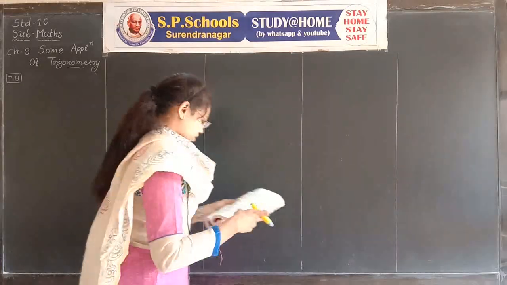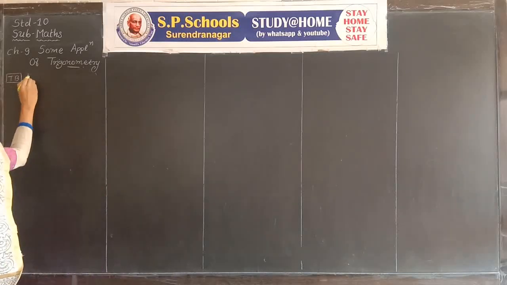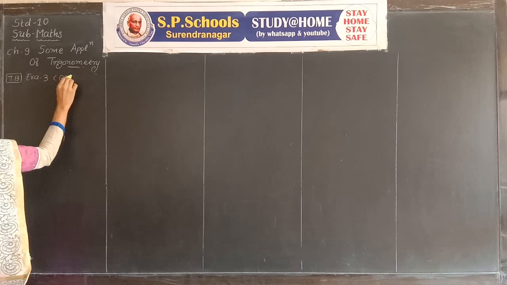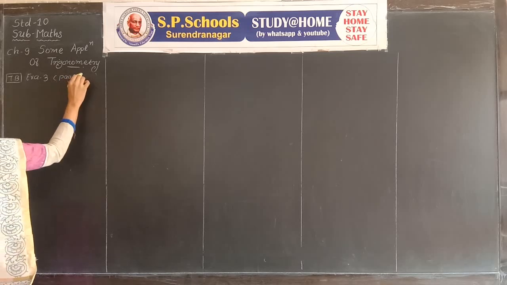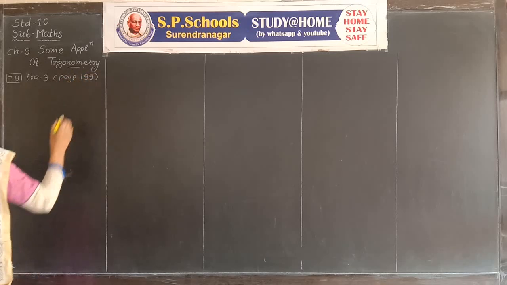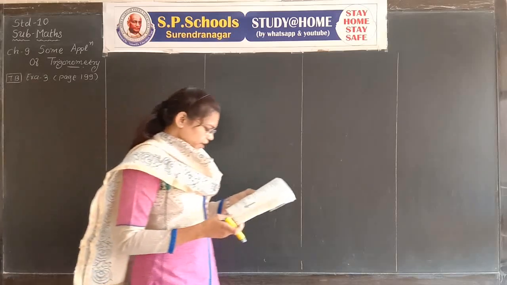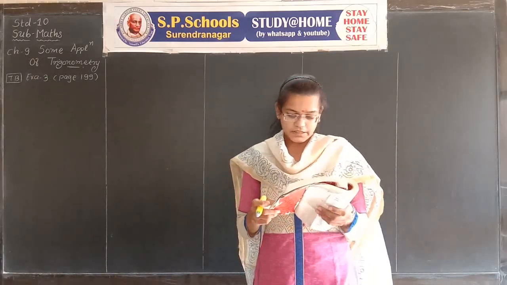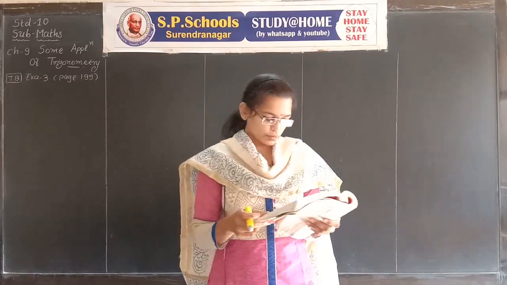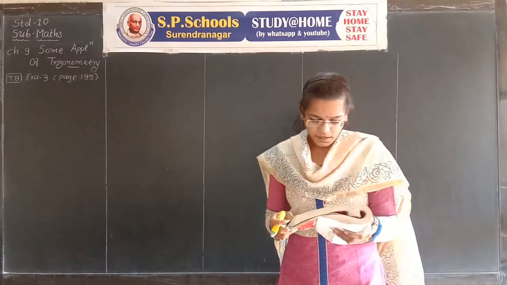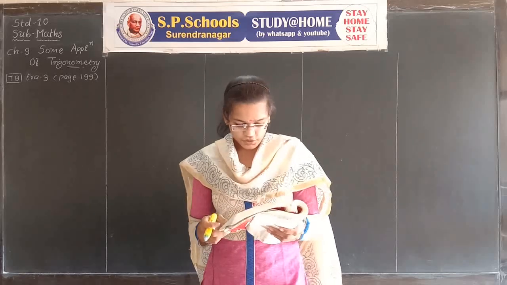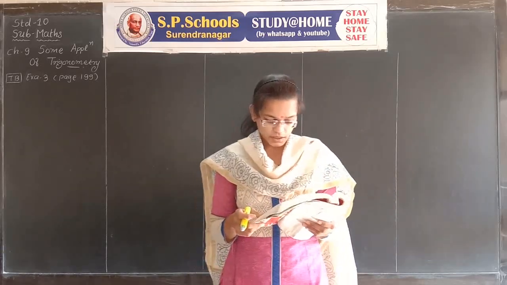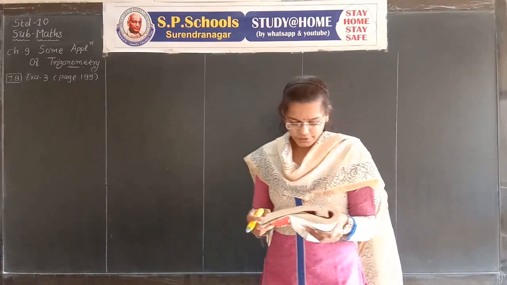Example number 3 from the textbook, on page 199. An observer 1.5 meter tall is 28.5 meter away from a chimney. The angle of elevation of the top of chimney from her eyes is 45 degree. What is the height of the chimney?